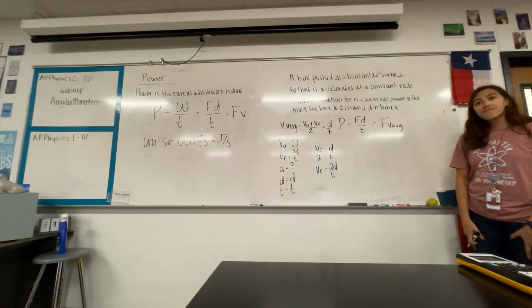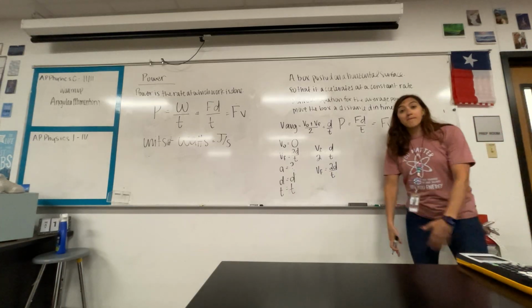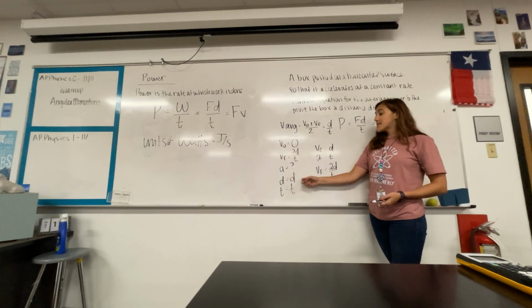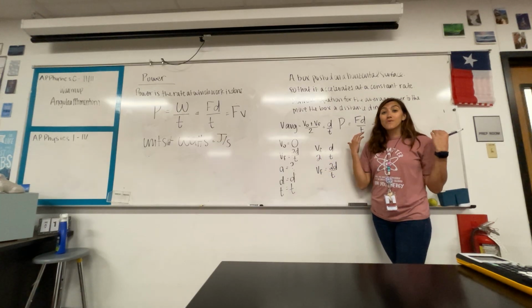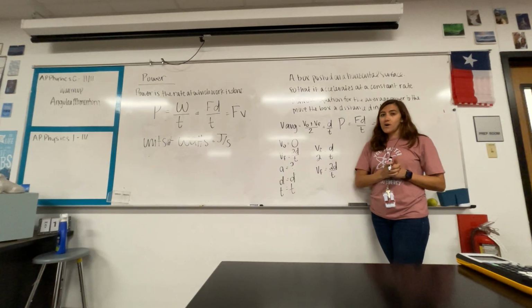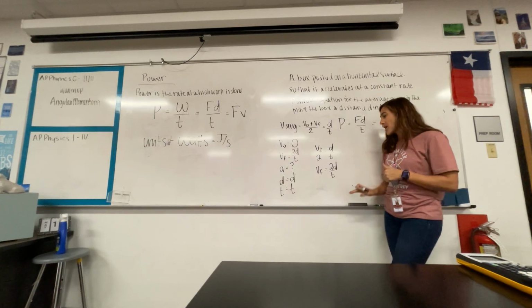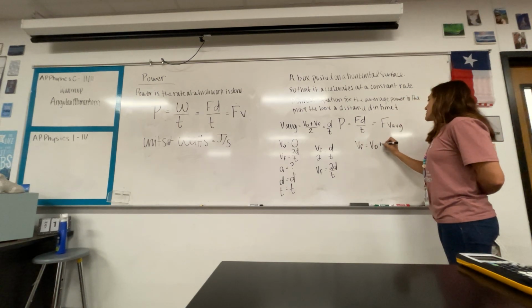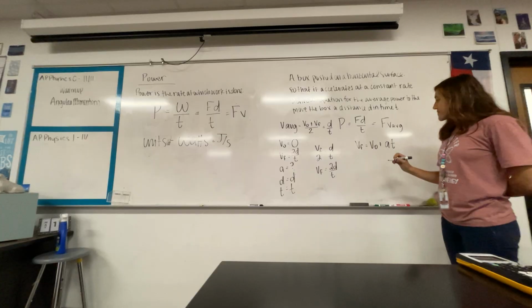That's helpful. So then we could find maybe some acceleration. We have initial velocity, final velocity, distance, and time. So you could use any of the three kinematic equations. The simplest one is always number 1. So let's try that one. v final is equal to v initial plus acceleration times time.